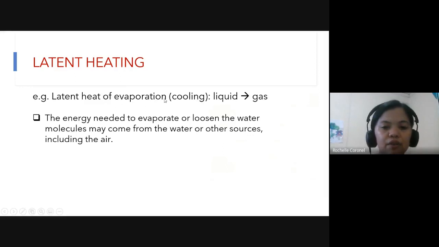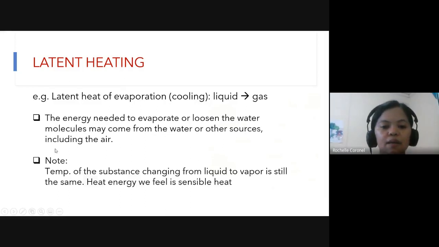So for instance, the latent heat of evaporation has a cooling effect. The energy needed to evaporate or loosen the water molecules may come from the water itself or other sources, including the air. Again, note that the temperature of the substance changing from liquid to vapor is still the same, it is constant. So the heat energy that we feel, that we see when the phase changes, is actually sensible heat. It's not the latent heat.